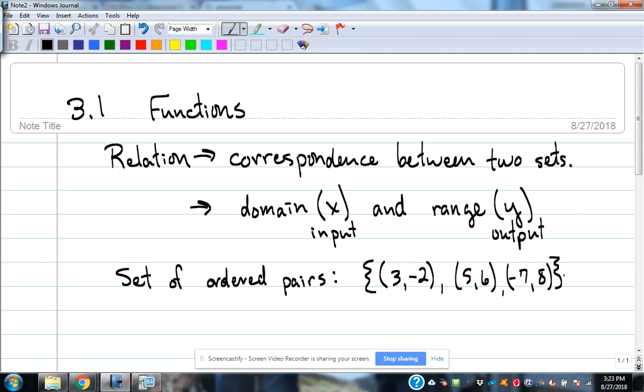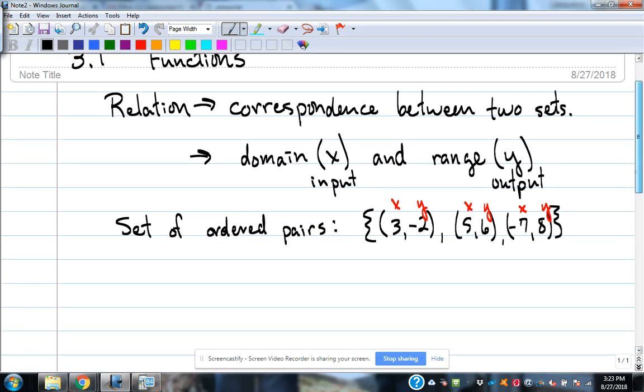And we could add more to that if we wanted to. But just the idea, we've got a set of ordered pairs where you have 3 x values and 3 y values. That relation is the correspondence between those x and y values. So a relation is just a correspondence between the domain and the range.